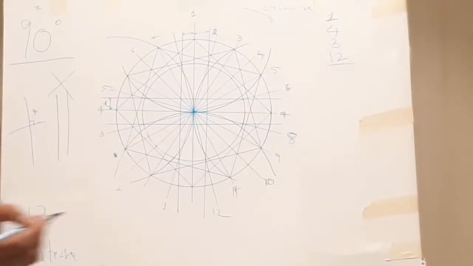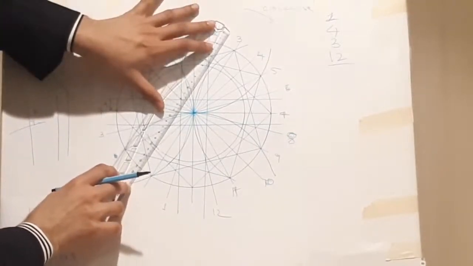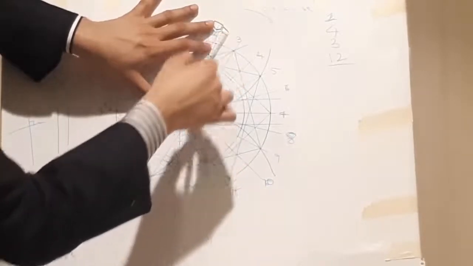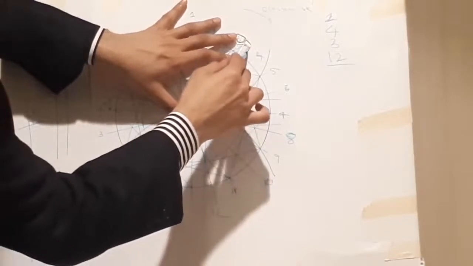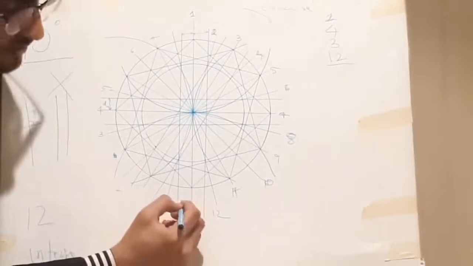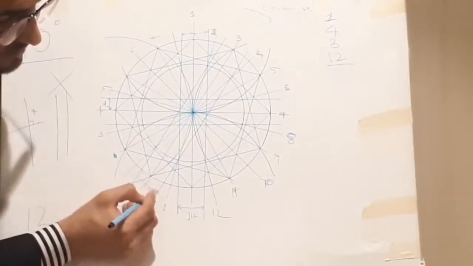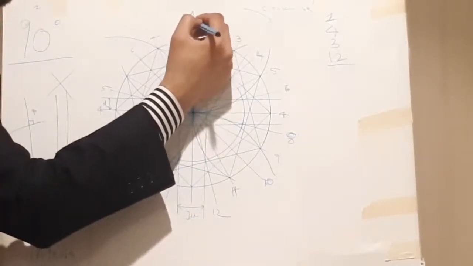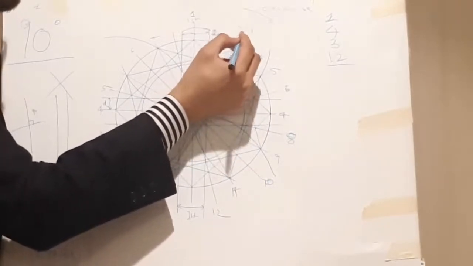So as you can see, in this section, I will pass a line from this point to this point and this point to this point. So this covers your first region and this will cover your second region. I will mark it for you guys. First region and this is your second region.